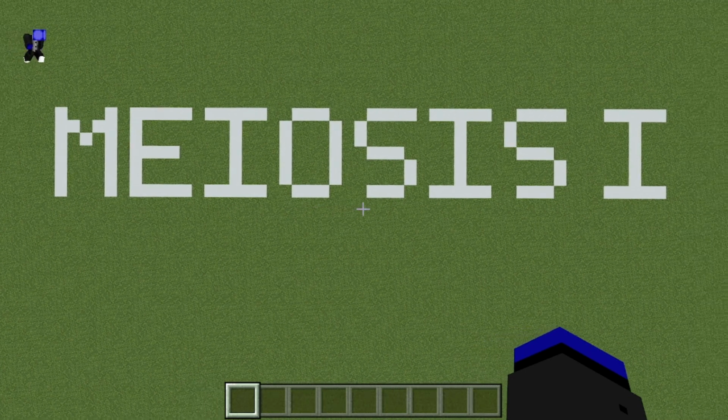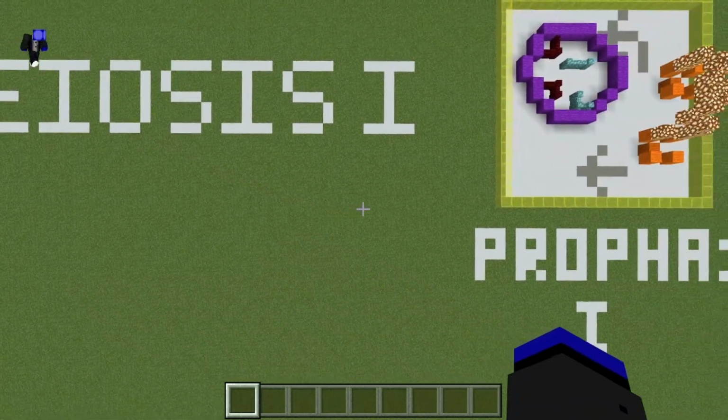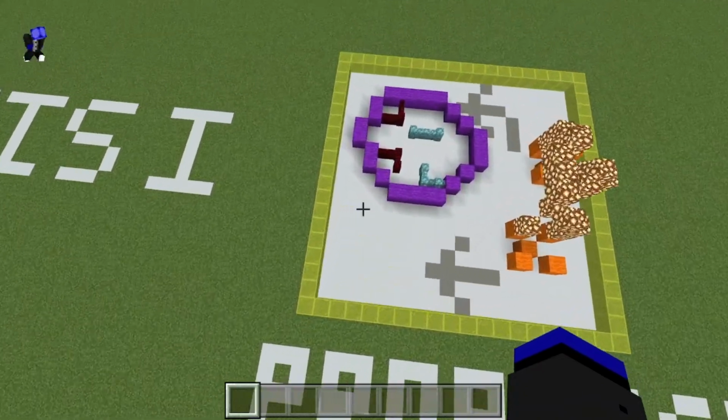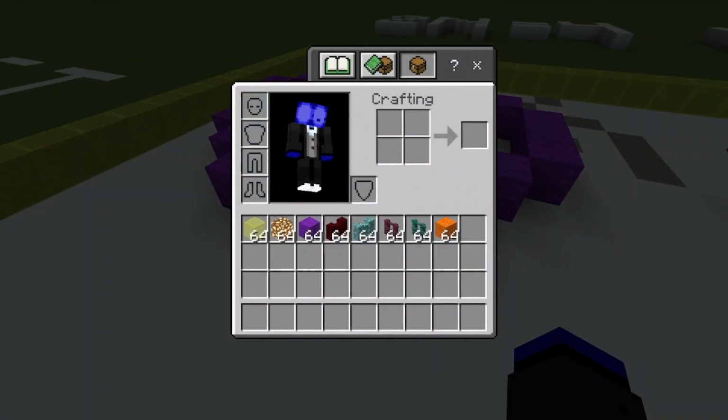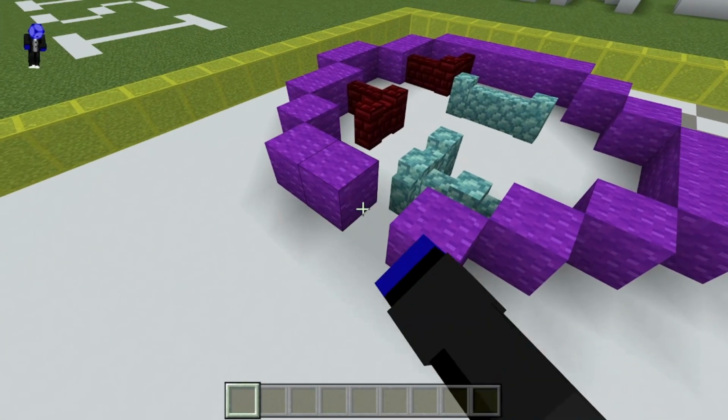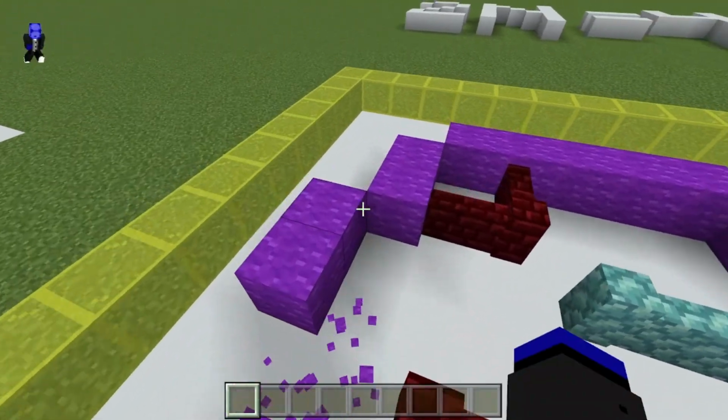Now, in meiosis 1, we are going to start with prophase 1. And in prophase 1, this nuclear membrane represented by purple wool is going to get broken up.